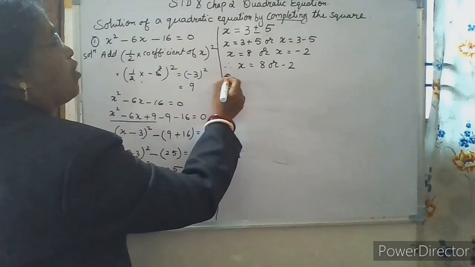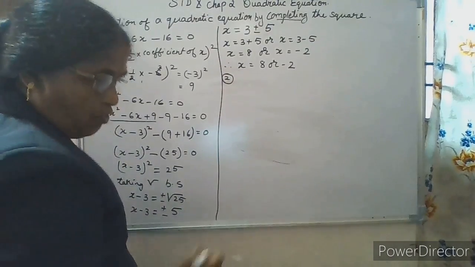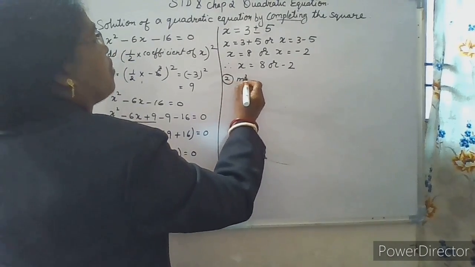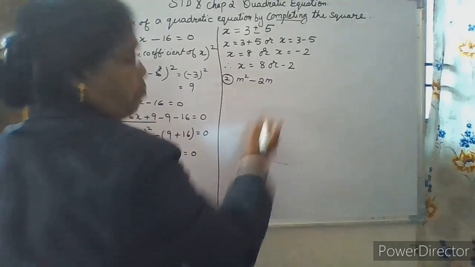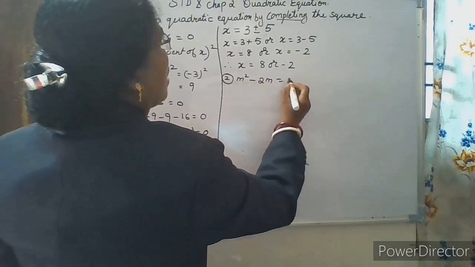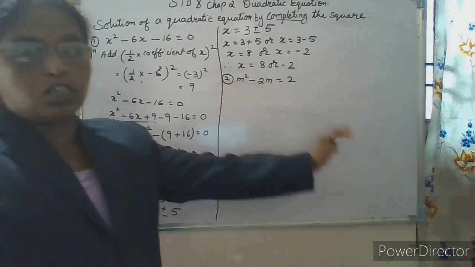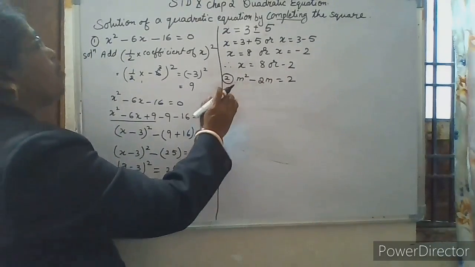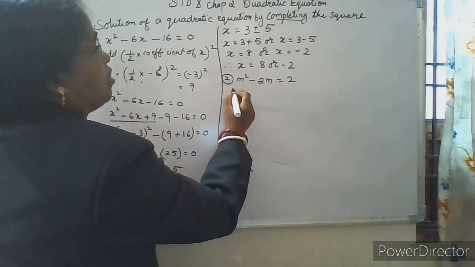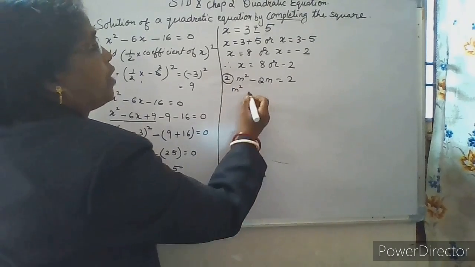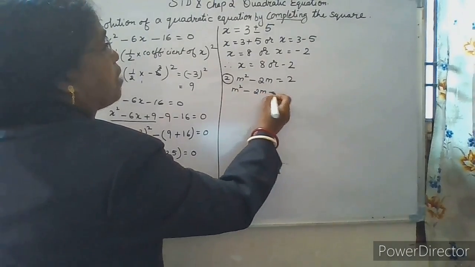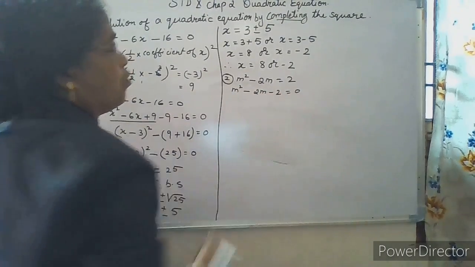Now the same type, second example: let us take m squared minus 2m is equal to 2. This is not in the general form, so first of all bring this in the general form: m squared minus 2m minus 2 equal to 0.